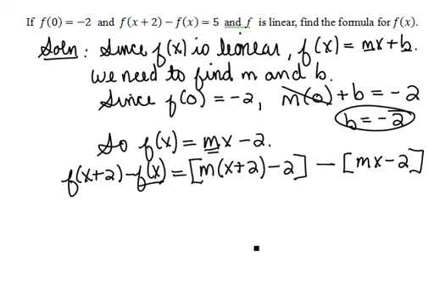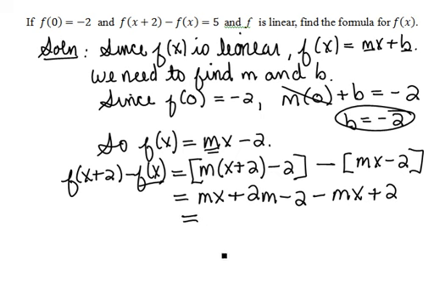We ought to be able to simplify this down. Let's clear our parentheses. Inside here, that gives us mx plus 2m minus 2, and distributing the minus sign, minus mx plus 2. We get some canceling here. Positive mx minus mx cancels, and negative 2 and positive 2 cancel. So we're simply left with 2m.